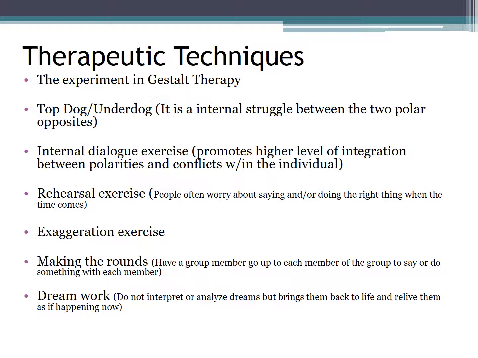What is consistent is the emphasis on direct contact between therapist and client, direct experience and experimentation, and the focus on the what and how, what the client is doing and how he or she is doing it, and the here and now.